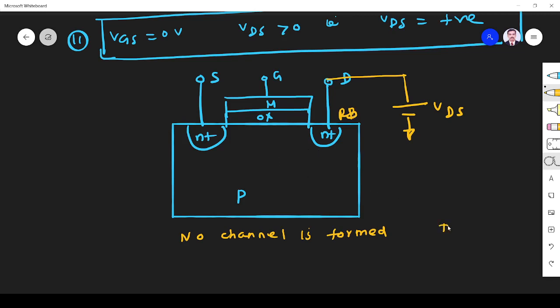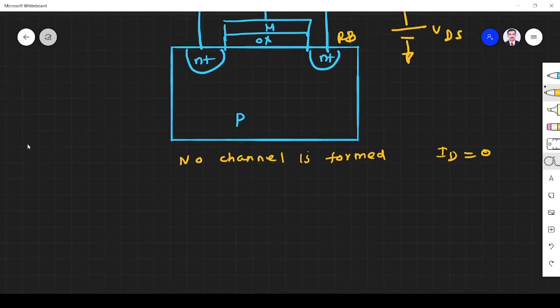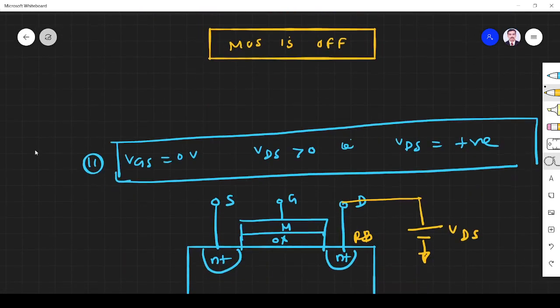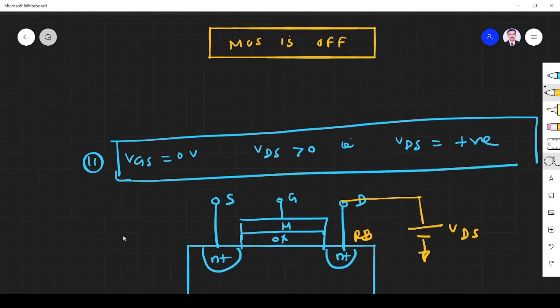ID is equal to 0. This is reverse bias, so drain current is 0. That is the second condition. When VG is equal to 0 volt and VDS is greater than 0, still no current.